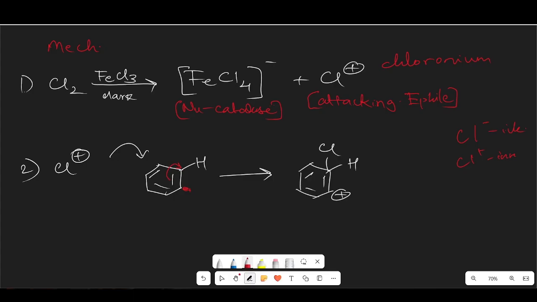This is the arenium ion. Also, this is not there. It just came out as force of habit. This is a very unstable species. This is actually a reaction intermediate that doesn't last for very long.